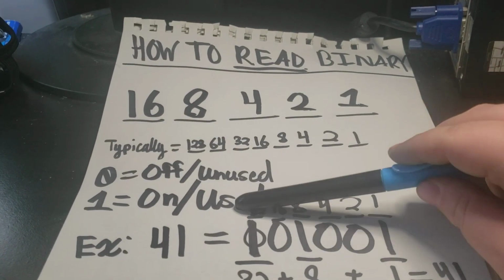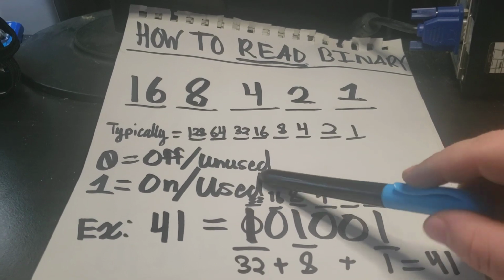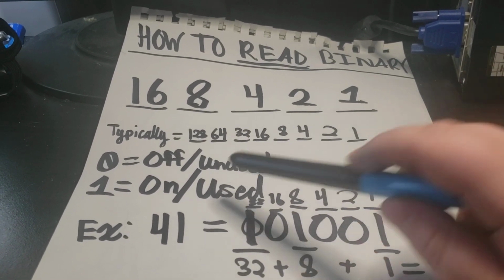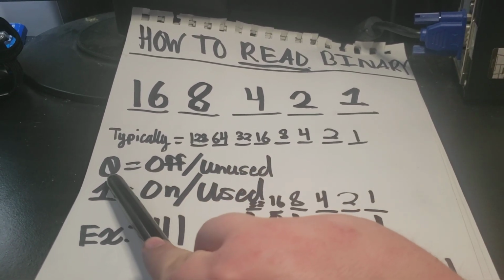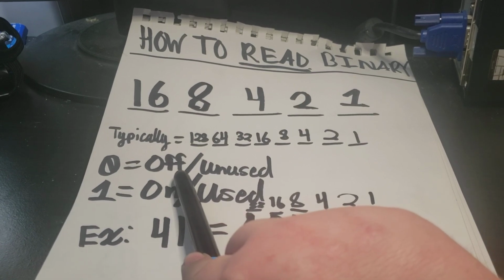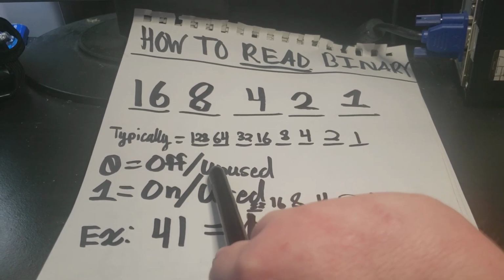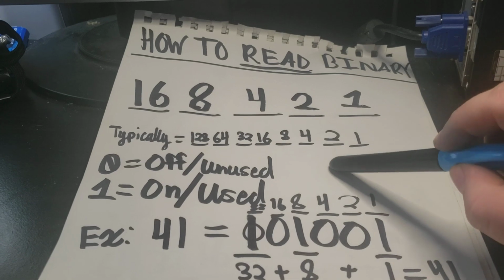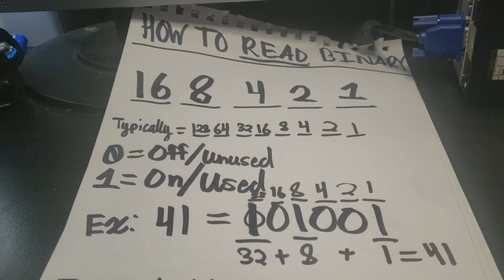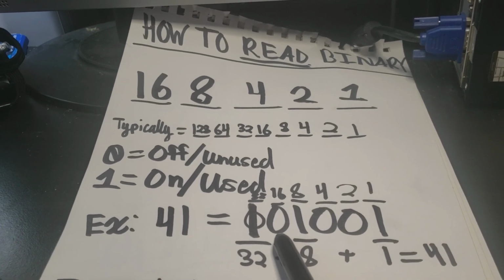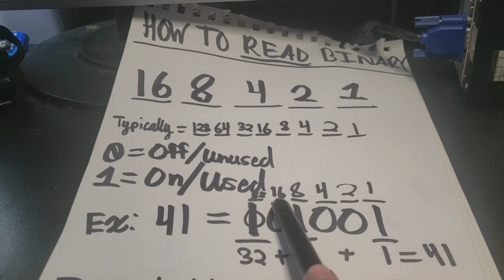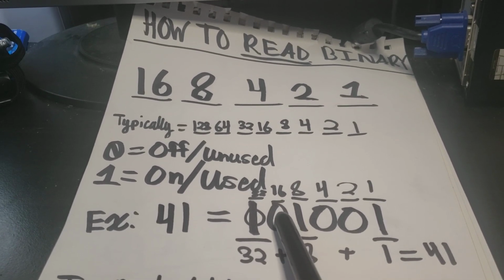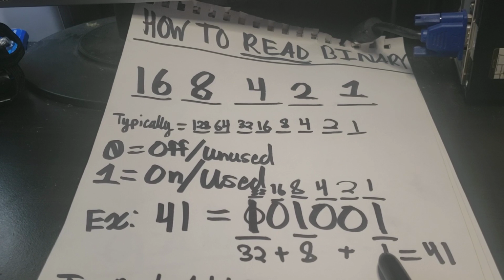To be able to read and understand it, you have to know that when you see a 0, whatever number it correlates to means it's off or unused. So if I have a 0, like I do here in this example, it means the number that it correlates to, in this case 16, you don't add to the eventual sum.